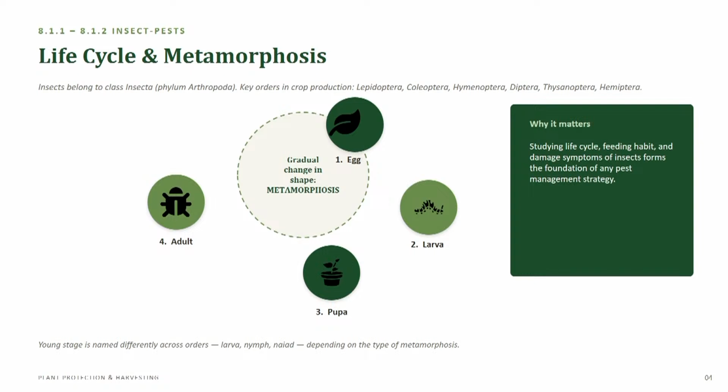Now, let us first understand the life cycle as well as the metamorphosis of an insect. Generally, insects belong to the class Insecta, which comes under the phylum Arthropoda, and under this Arthropoda, from the crop production point of view, there are 4 insect orders that are particularly useful to study.